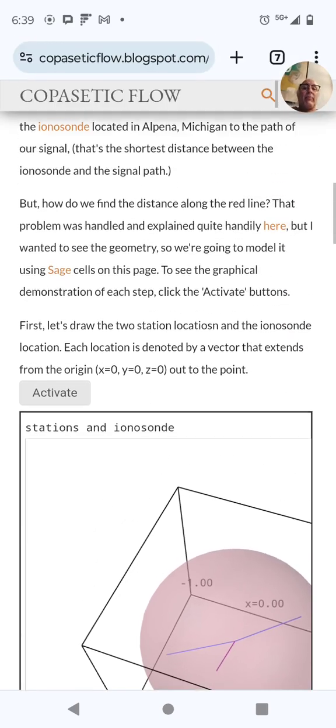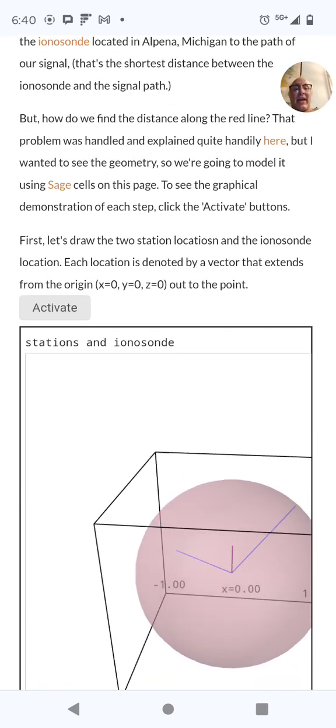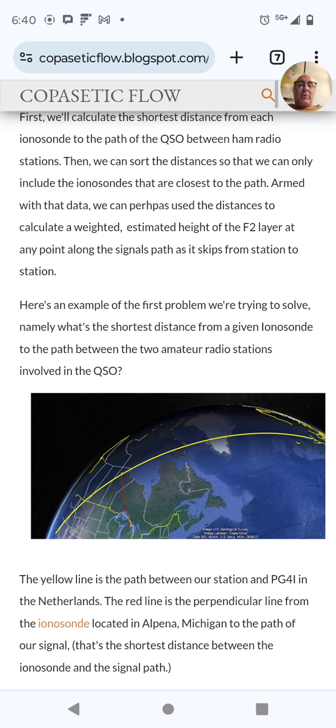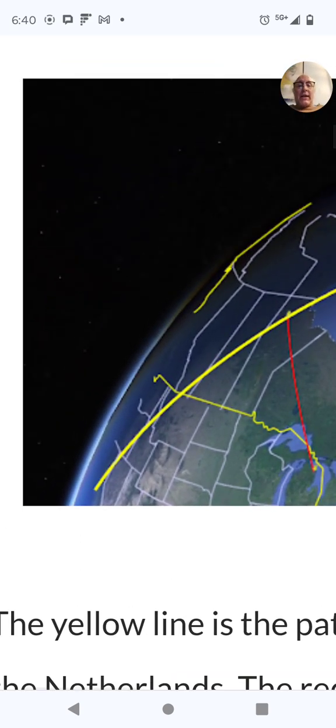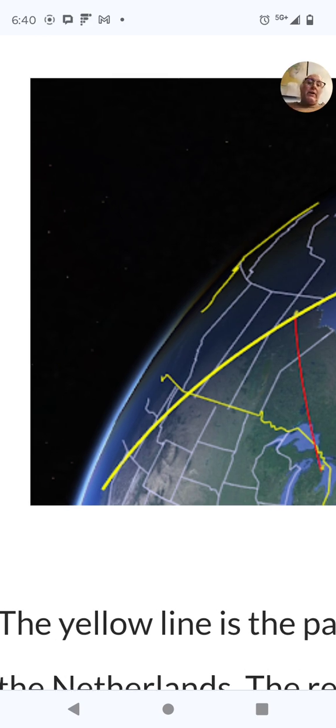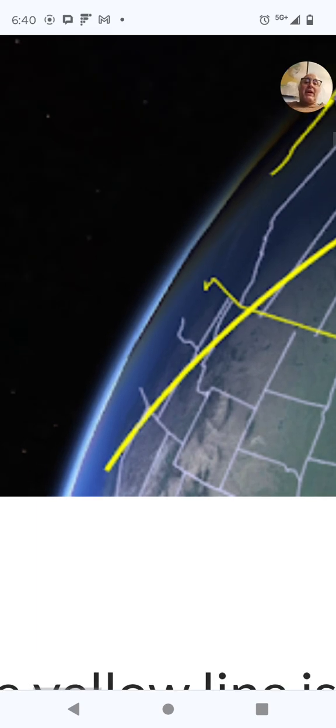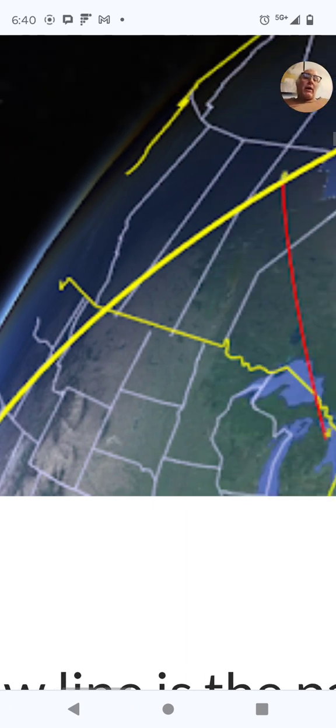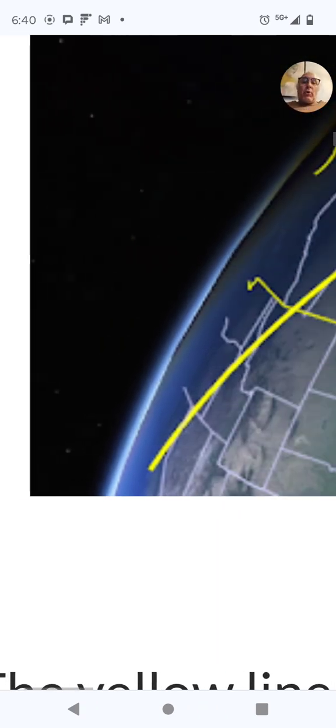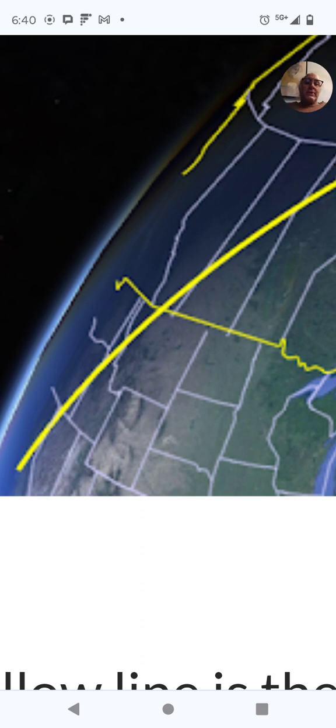One last note. There is the possibility that there could not be a perpendicular line between the point and the path. So, for example, if the point was down here near the lower left corner of the picture, below and to the left of that QSO path, if the ionosonde was, for example, on a ship in the Pacific southwest of San Francisco, we wouldn't be able to make a shortest path that was perpendicular to the path between the two stations in the QSO.